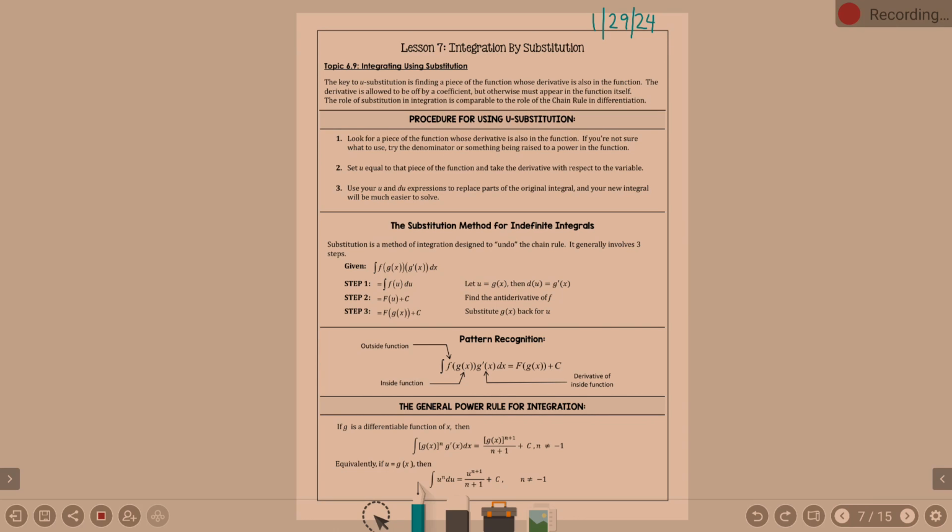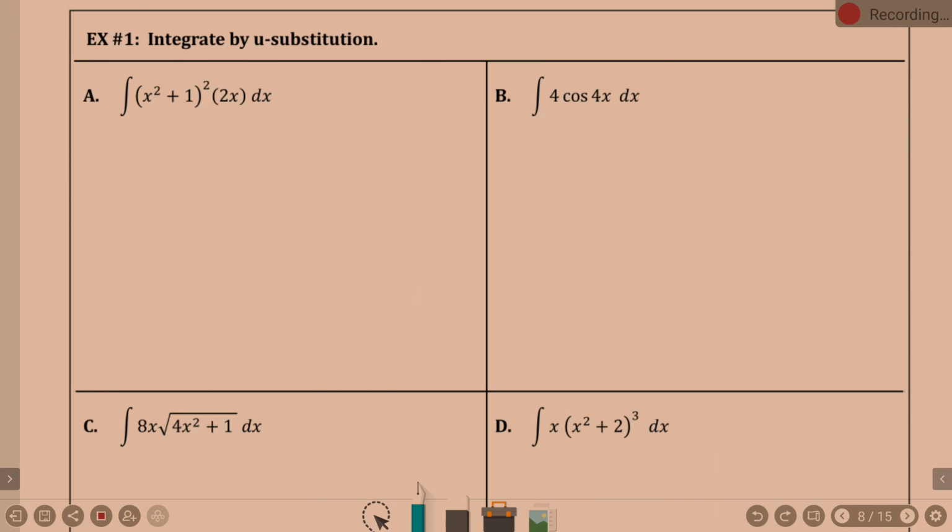A lot of these are indefinite integrals, so we need to remember to put on the plus C today. Equivalently, if you do u-substitution, it's u to the n plus 1 over n plus 1. You're just integrating that piece, without the fancy looking g of x. Let's try examples.